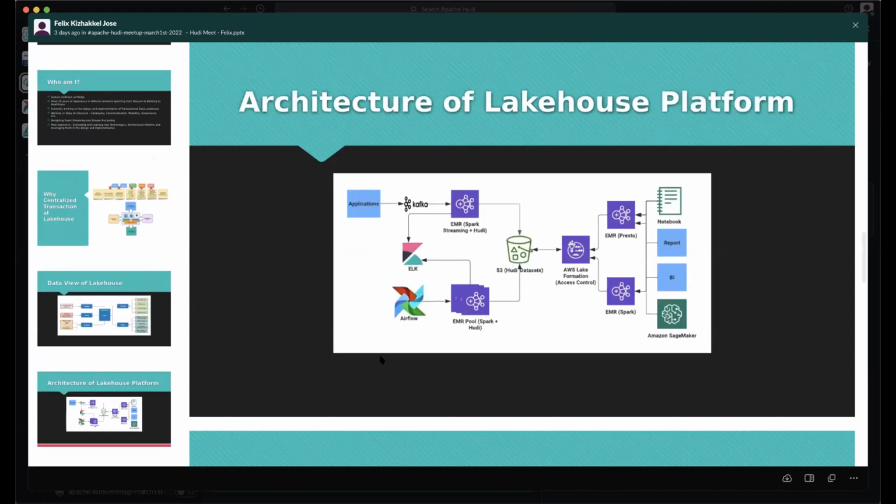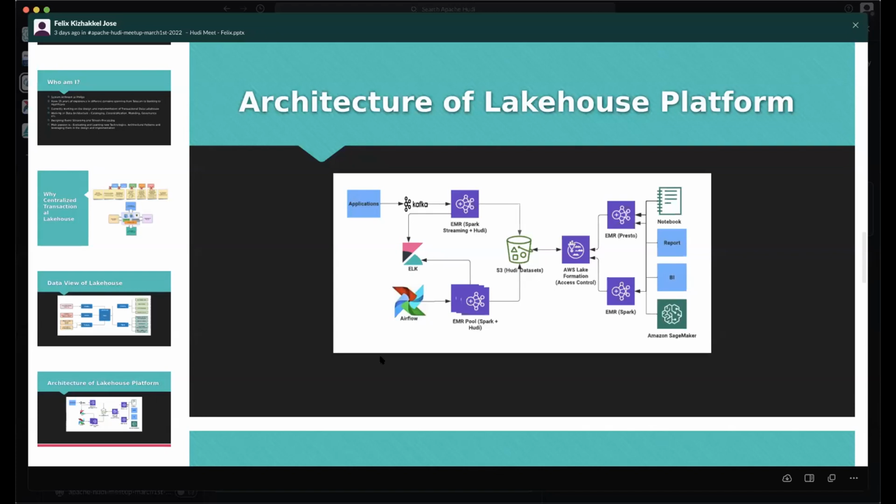So this is the architecture that we are currently using. As I showed, we have different applications. Those applications do the canonicalization of the data and stream it over to Kafka, and then using Spark structured streaming jobs plus Hudi, we are ingesting the data into the Hudi S3 lakehouse.